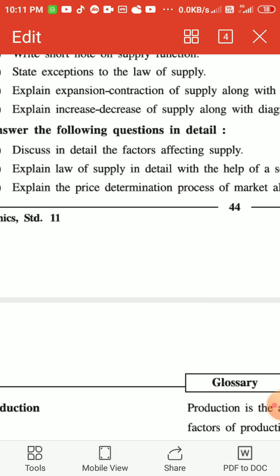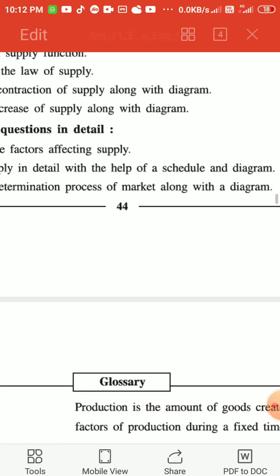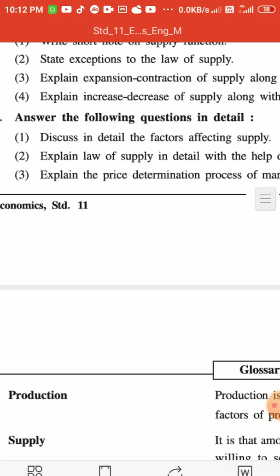Take one schedule, then draw the schedule, then draw the diagram, showing how it gets an equilibrium price. The demand and the supply will intersect, so there will be an equilibrium point obtained there, and that will be the price in the market. So this is how prices are determined in the market. So you have to explain price determination with all those examples.